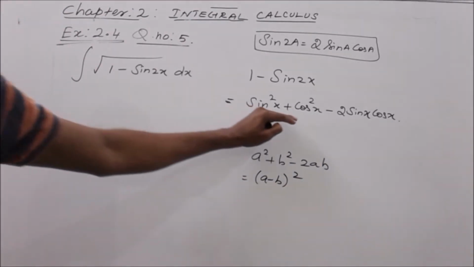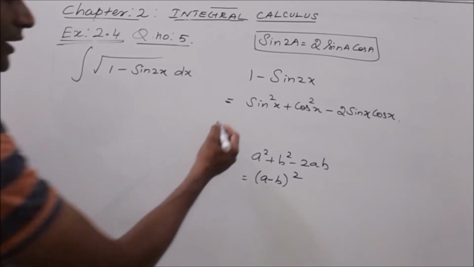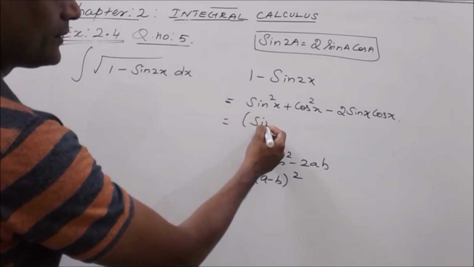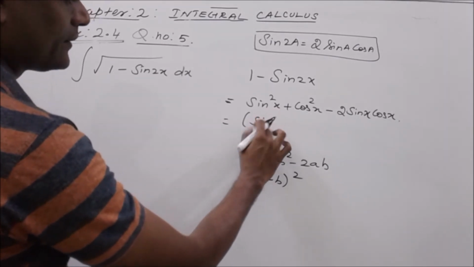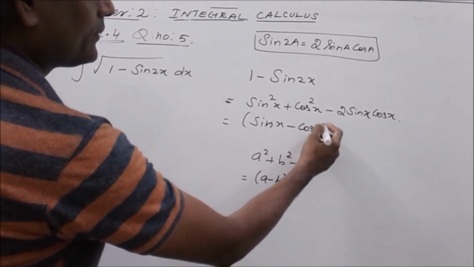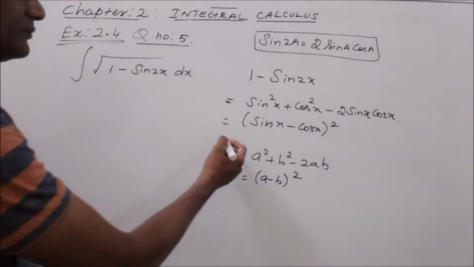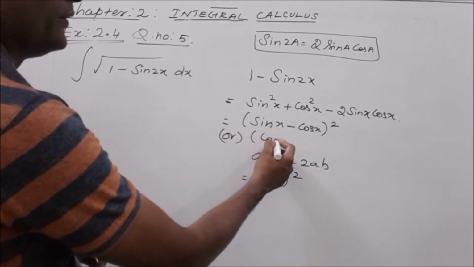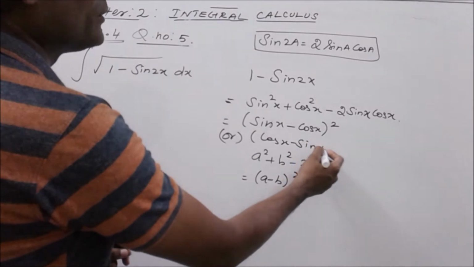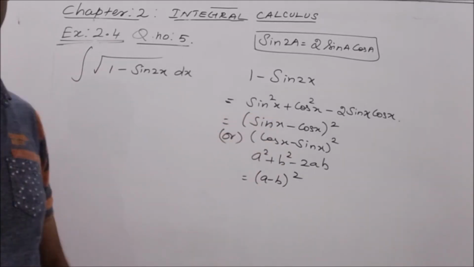So the second step is in the form of the identity (a minus b) whole square. So convert it to (sin x minus cos x) whole square, or we can write the same as (cos x minus sin x) whole square. Both are equal. So there are two choices here.